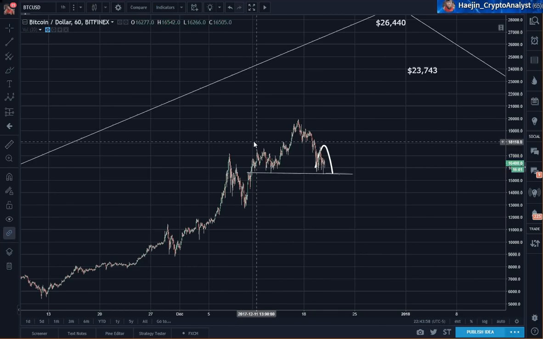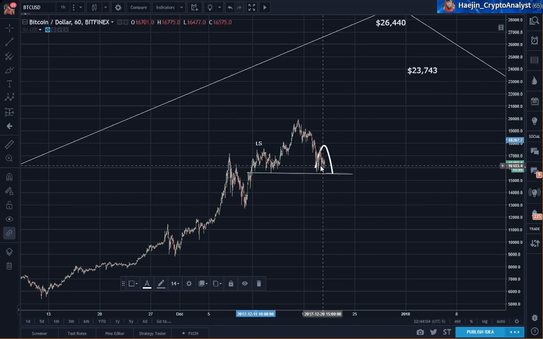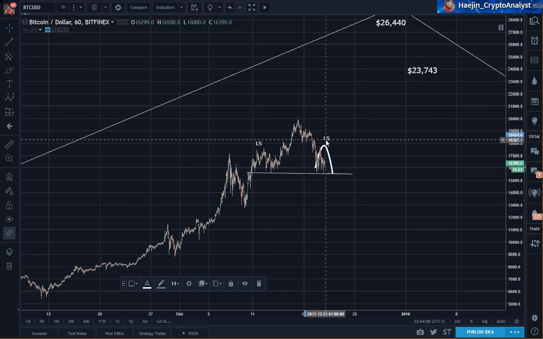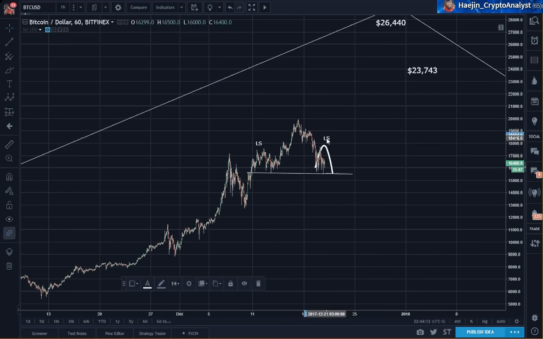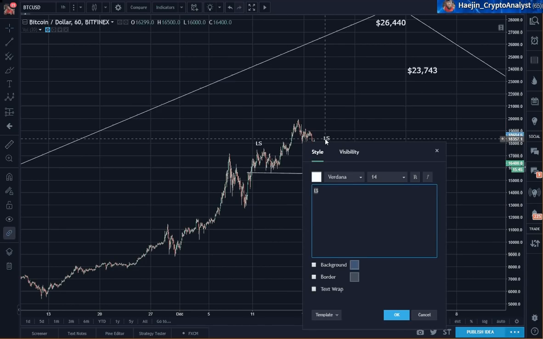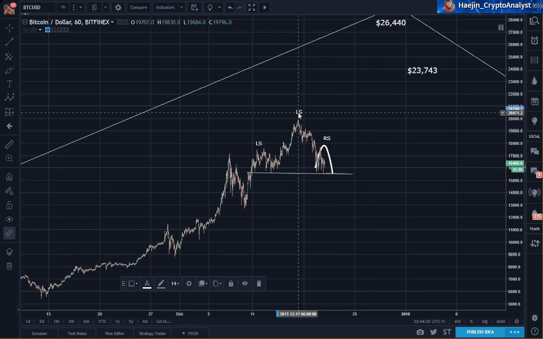If we have a left shoulder and the right shoulder completes, what's the head?